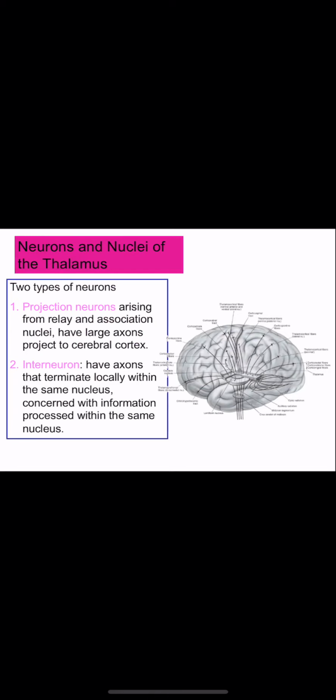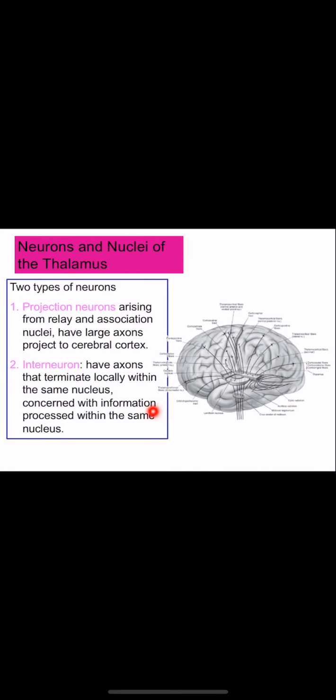The types of neurons present in the thalamus: we have projection neurons and interneurons. The projection neurons are concerned with the transmission of information or input to the higher centers, for example the cerebral cortex.